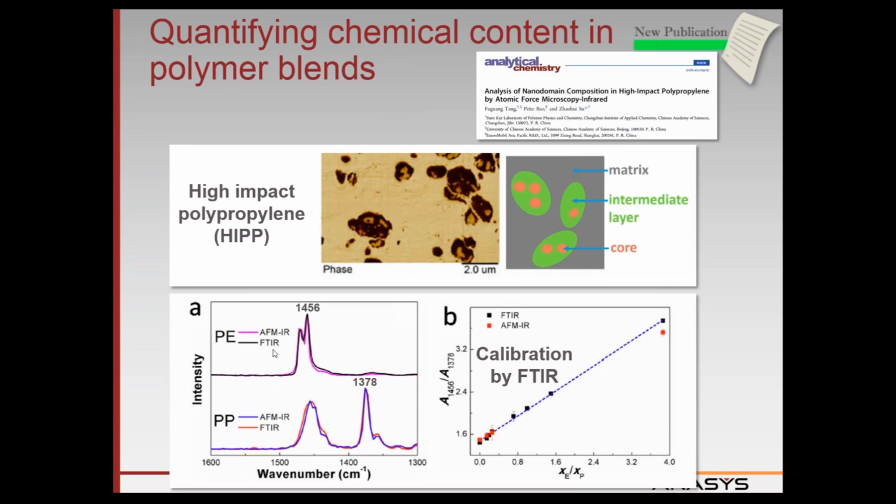And then what the team did is they used reference samples of known concentration, and they examined them by FTIR, and they made a calibration curve looking at the ratio of this peak height to this peak height, and were able to basically establish that there was a linear relationship between the ratio of those peak heights and the concentration in the polyethylene versus the polypropylene.